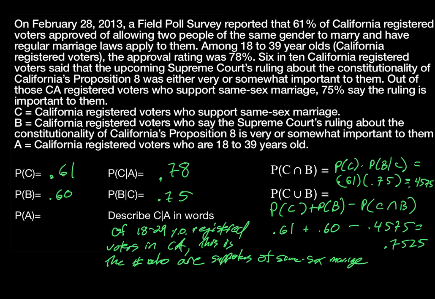If you think about a Venn diagram, we're going to have C and B. Or means I'm in one or the other one. And what you notice is this part right here in the middle got counted twice, which is why we have to subtract it away once. And that came from the previous problem.